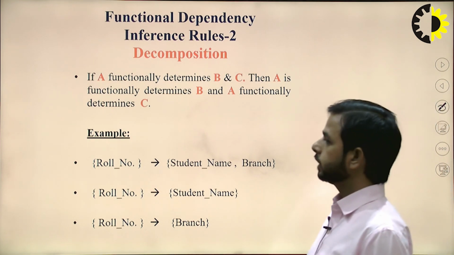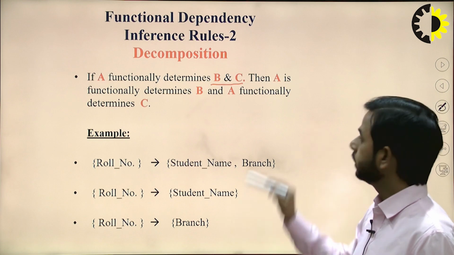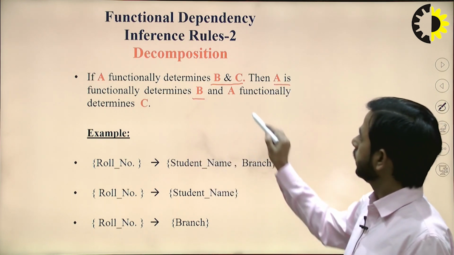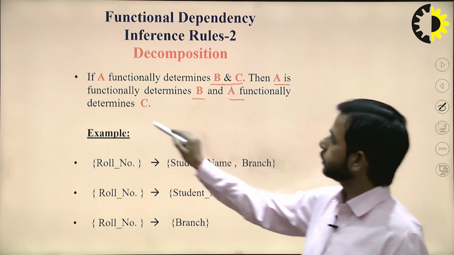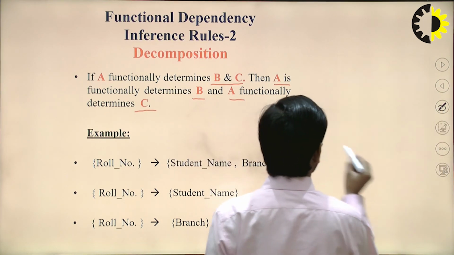Next is the decomposition. If A functionally determines B and C, then A functionally determines B and A functionally determines C. So what does it mean?